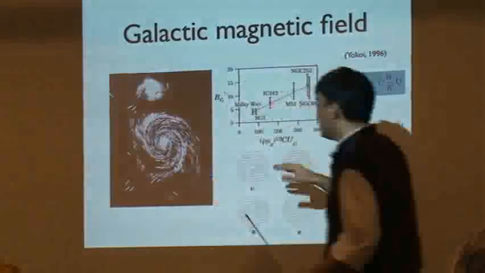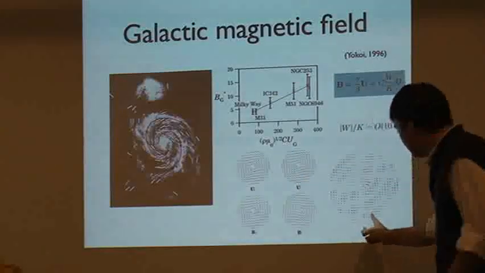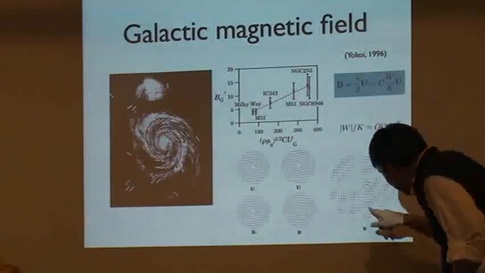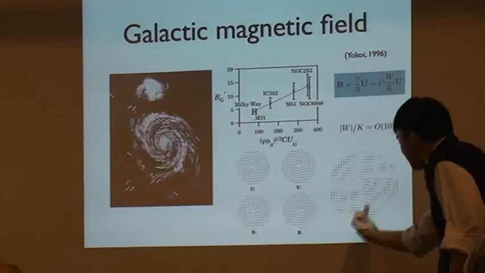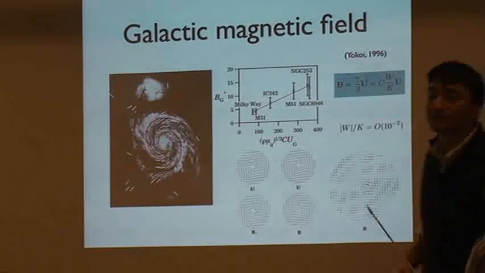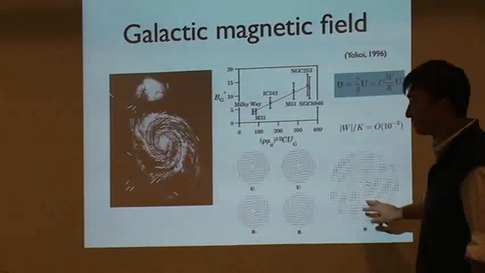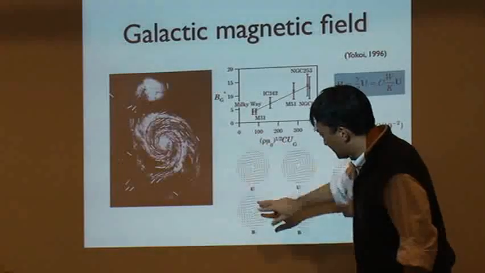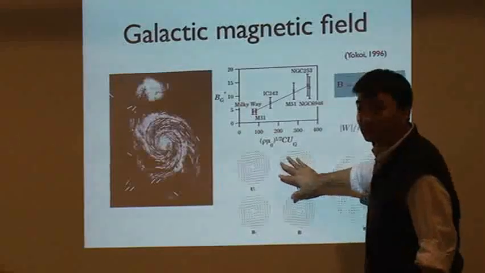If we assume such corrugation, then we can reproduce this in some sense. This is the distribution of the magnetic field: the upper half magnetic field, and the lower half magnetic field.